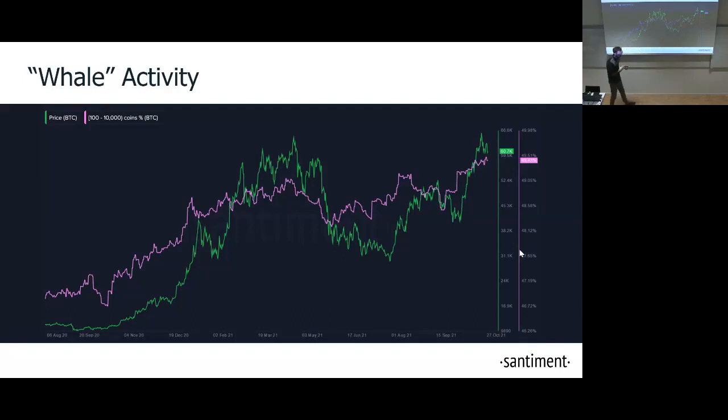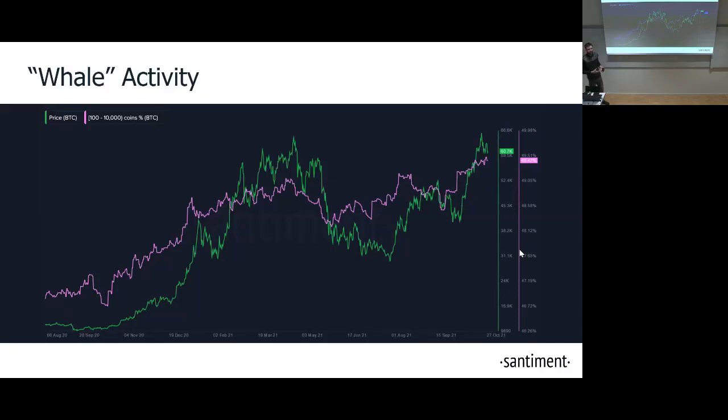So we tend to use this metric as a very general gauge of whale sentiment. Now, there are obviously several caveats here. First of all, not all addresses that are large are whales. Specifically, there are a lot of massive addresses that belong to cryptocurrency exchanges, right?